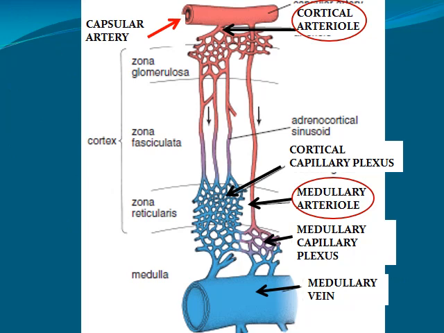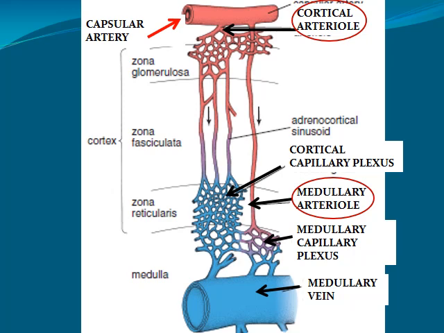In this picture, you can see the capsular arteries, which are present just beneath the capsule of the adrenal gland, and then two types of arteries arise. One is the cortical arteriole and another is the medullary arteriole.